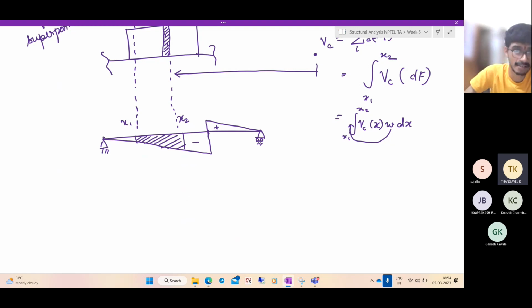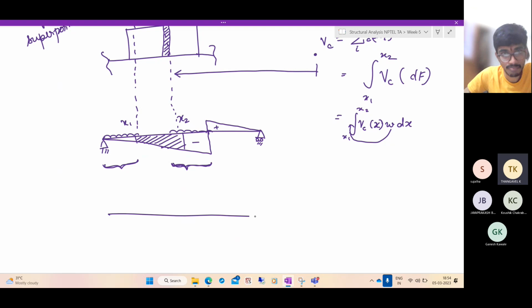If I place it here, the corresponding area will be from here to here, which is very, very small. As I move to the right, here I have a big trapezium. So you may feel that the UDL has to be placed somewhere here. What happens if I cross this point? Say if I keep the UDL somewhere in between, both in the positive and negative ILD areas.